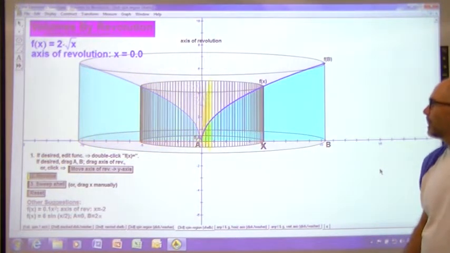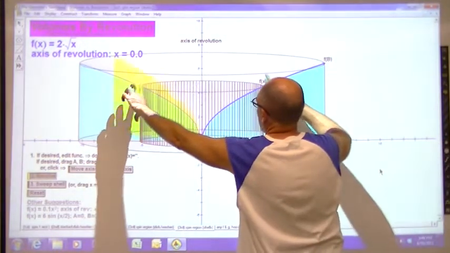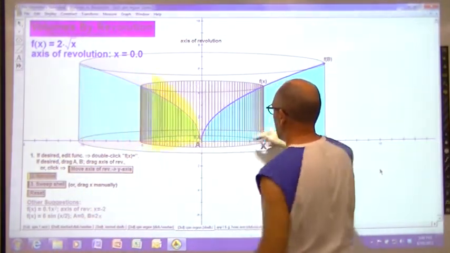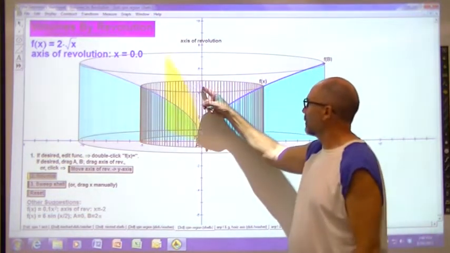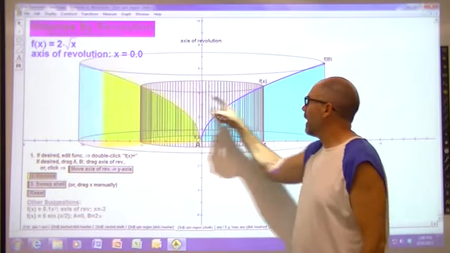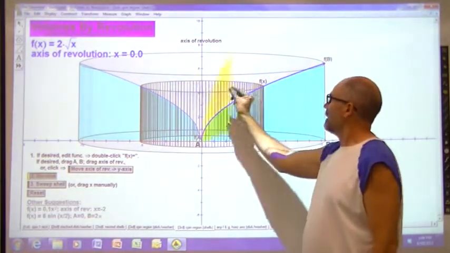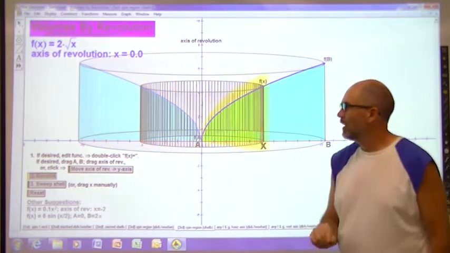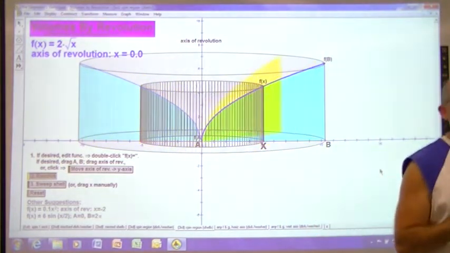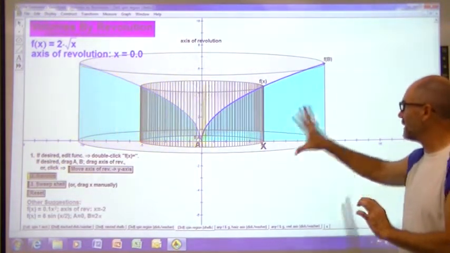Now, the shells that we're talking about, this is one shell right here. One single shell, so we've got 2 pi r h times delta r, which would be the thickness of this shell. Now, we're going to have infinitely many of these shells in the whole thing.